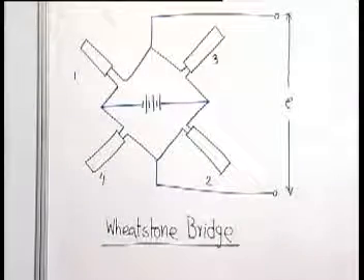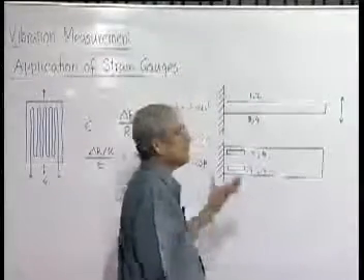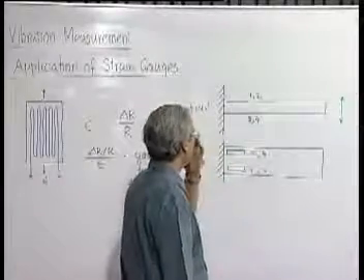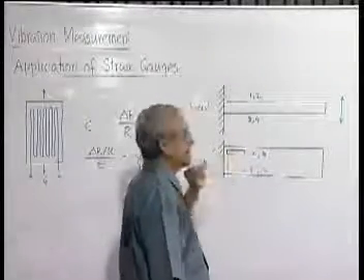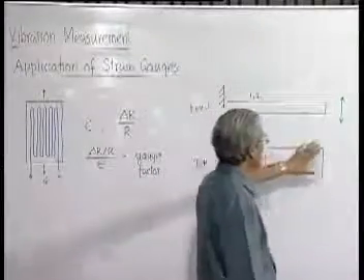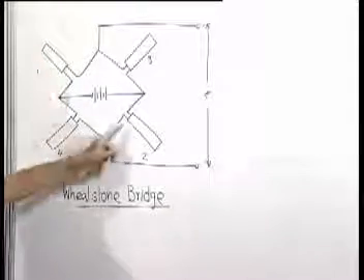In principle, we could sense the resistance variation of even only one strain gauge, but the sensitivity will be low. The sensitivity can be improved, or the electric signal generated can be made much larger, if we use the concept of a Wheatstone bridge, where this is strain gauge 1, this is strain gauge 2.